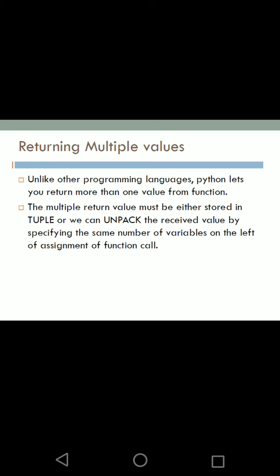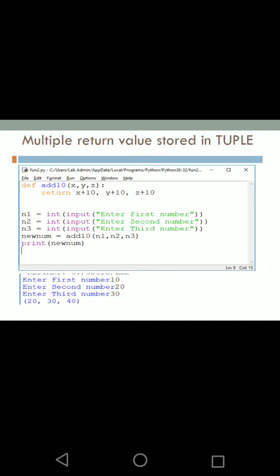And returning multiple values. See, we said that functions return a value. But unlike other programming languages, Python gives you the flexibility to return multiple values in a single return statement. The multiple return values that are returned are actually stored as a tuple, or we can unpack the received values by specifying the same number of variables. We can see that with the help of an example. See this function adds three numbers.